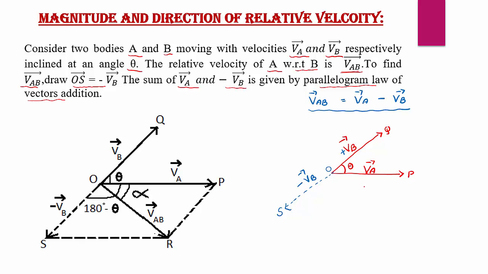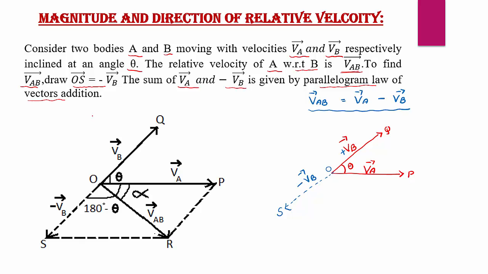According to the parallelogram law, when two vectors are represented both in magnitude and direction as the adjacent sides of a parallelogram, then the resultant vector is represented along the diagonal of the parallelogram.